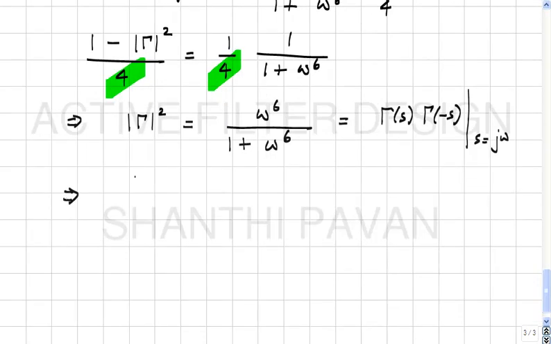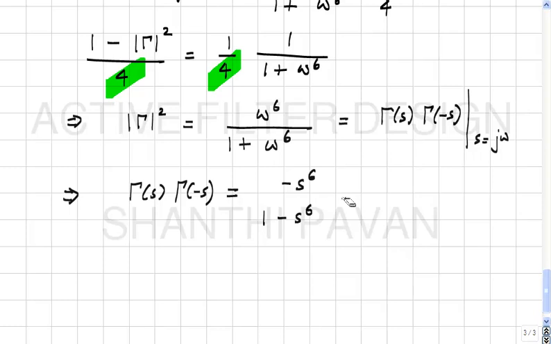Which means that gamma of s times gamma of minus s is given by, what should I do? Replace omega as s by j, or omega square as minus s square. So you get, what do you get? Minus s to the power 6 divided by 1 minus s to the power 6.